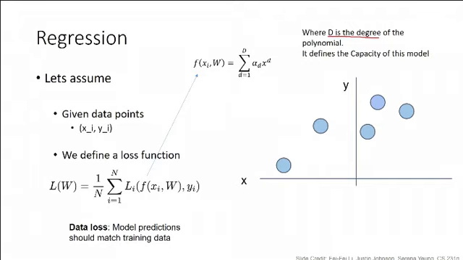So if d is equal to 1, this is w1 multiplied by x, plus w2.